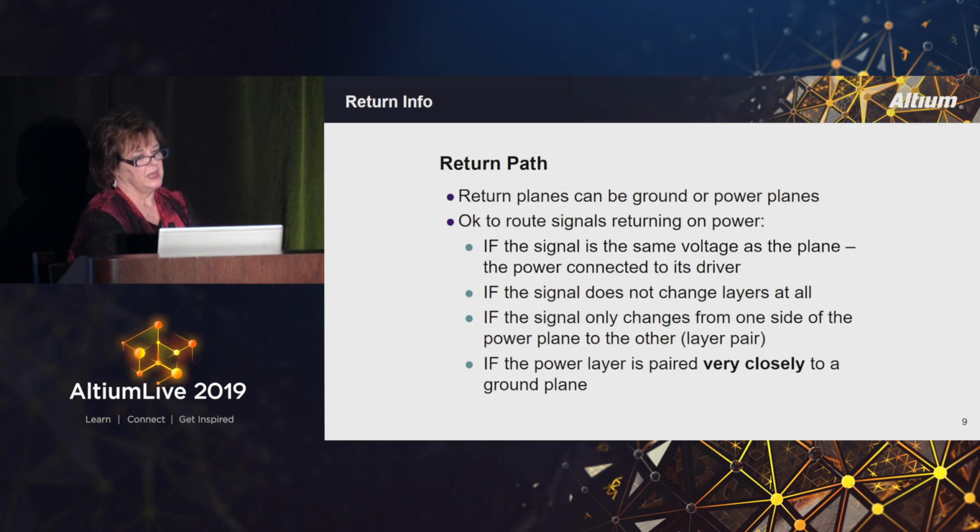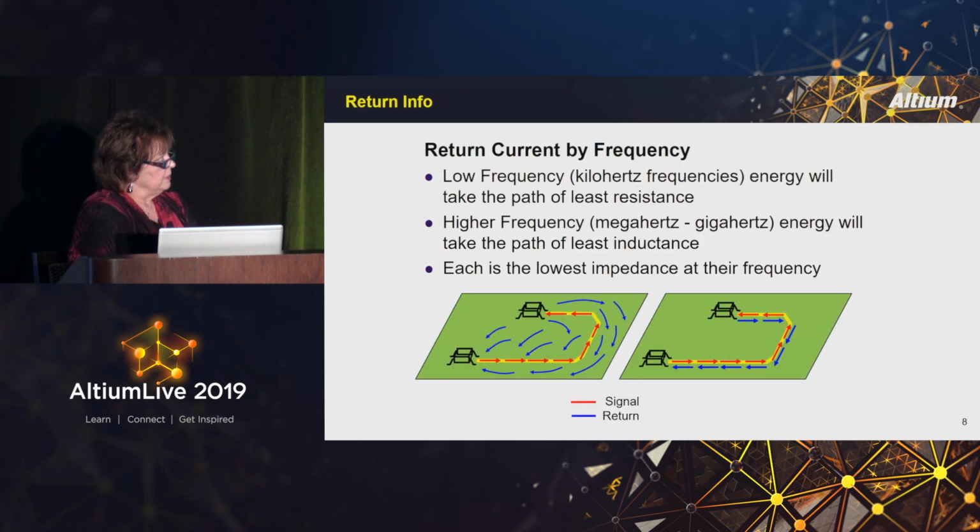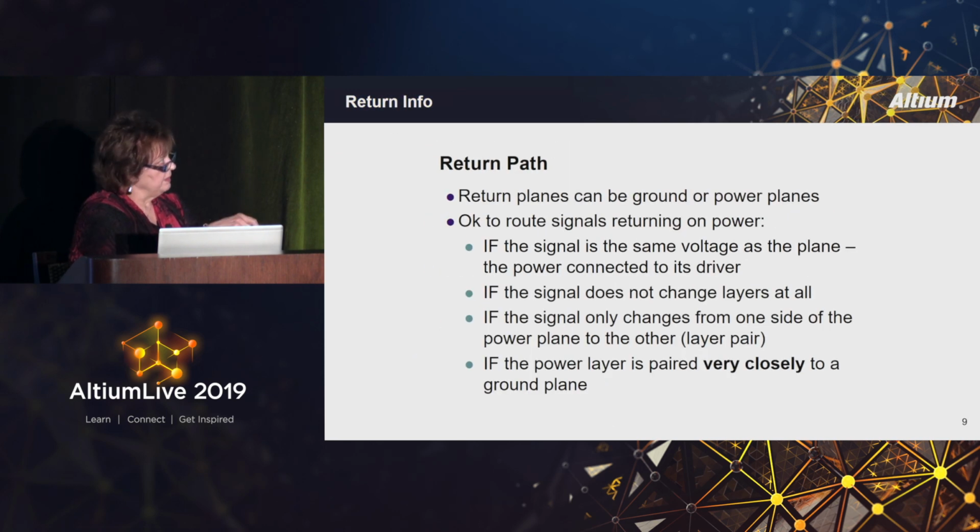If the signal is the same voltage as the plane, it can return on that plane, if it doesn't change layers at all, or if it changes only from one side of that plane to the other side of that plane.